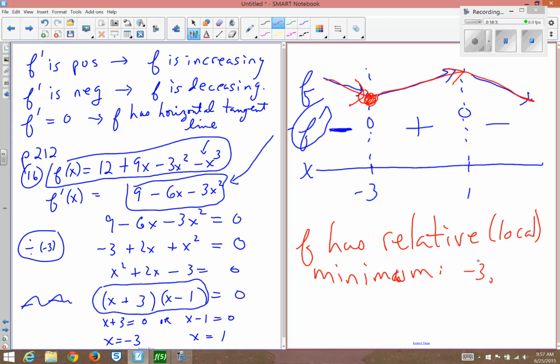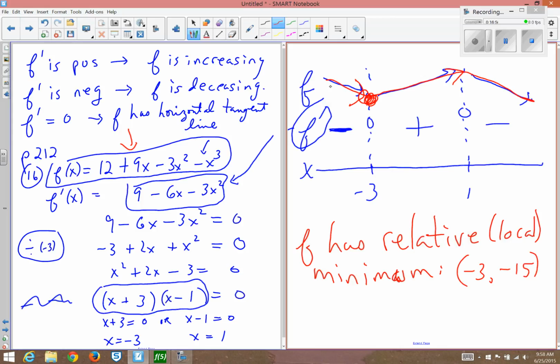And the y-coordinate is found by replacing x with -3 in the original equation. This is what y equals. So plug -3 in here, and y comes out to be, do that on a calculator, -15.